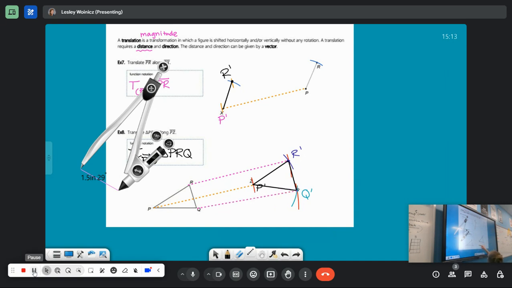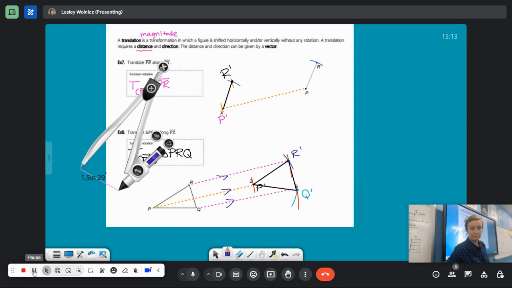Because what are these to each other? They should be parallel. So if you've done it correctly, all of your vectors should be parallel for a translation. Okay, when we reflect, the segments connecting pre-image to image are parallel, but they're not the same length. These are parallel and the same length. Cool?